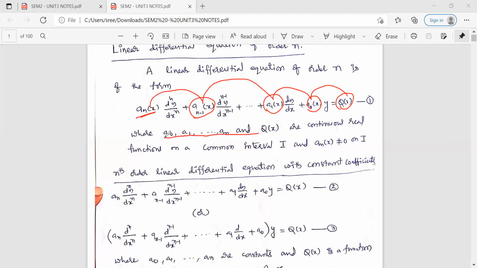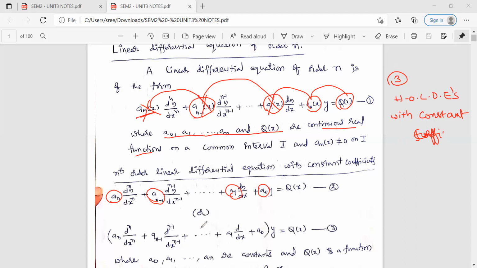But in third unit, our topic is higher order linear differential equations with constant coefficients, not real function coefficients. We have here only constant coefficients. That means here an, an minus 1, a1, a naught are the constants only.